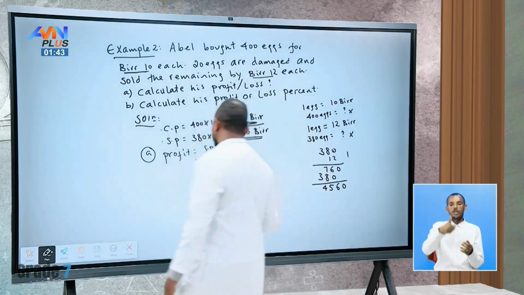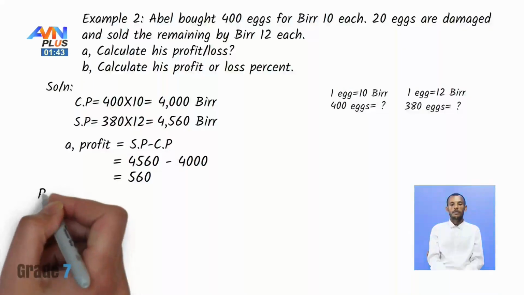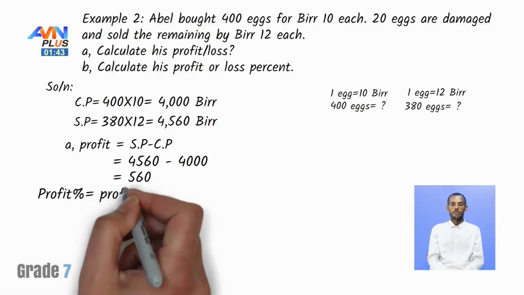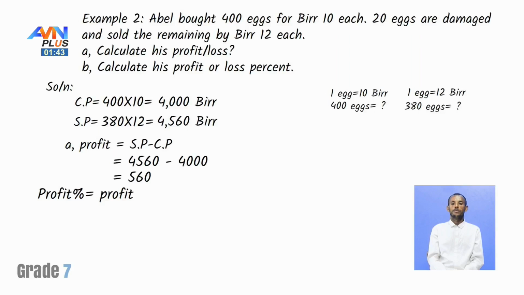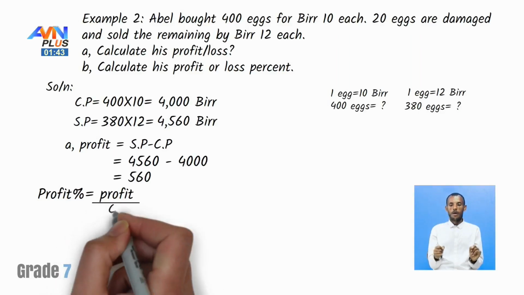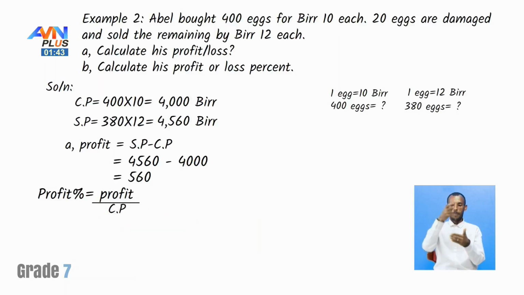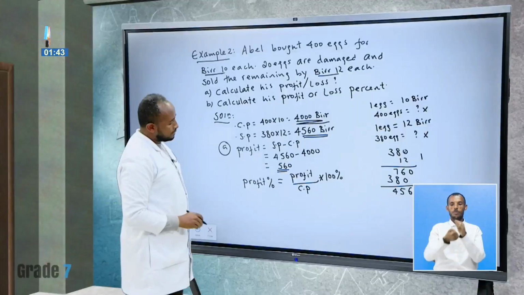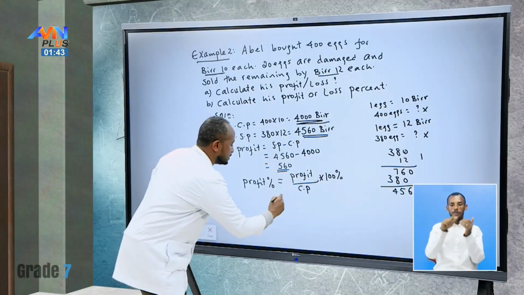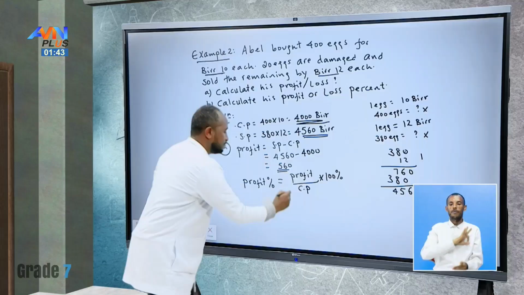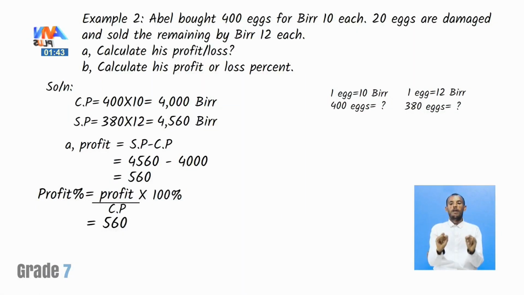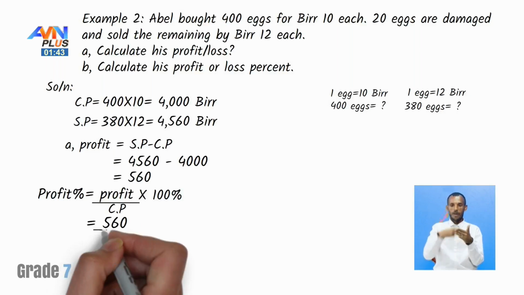Therefore, profit percent is equal to profit divided by the cost price, and then you multiply this by 100% to convert it into percent. Therefore, this is equal to the profit, 560, divided by the cost price. What is the cost price?